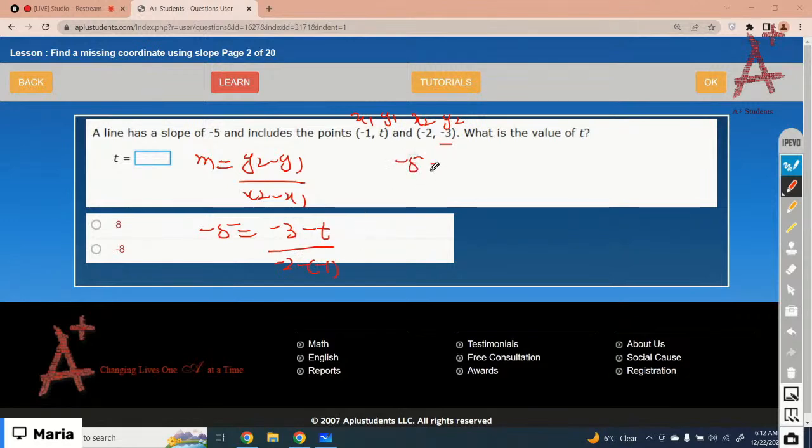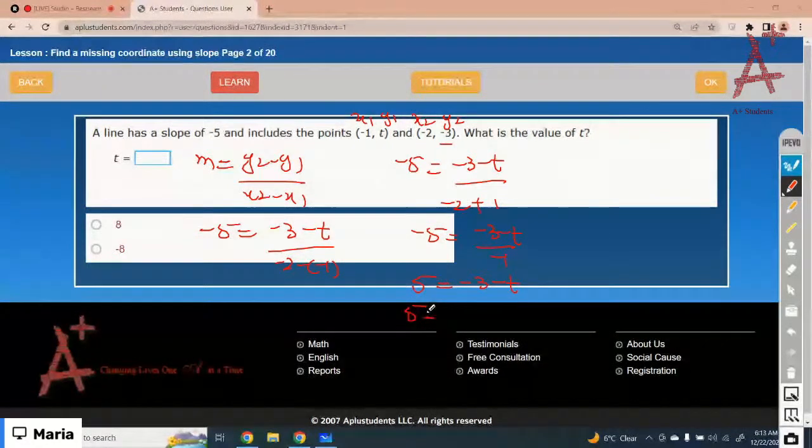It is negative 5 equals negative 3 minus t, and you have negative 2 plus 1. Got it? Negative 2 plus 1 equals negative 1. Just do cross multiplication. It would be negative 5 times negative 1 is 5 equals negative 3 minus t. Move negative 3 to the other side. It would be 5 plus 3 equals negative t. 5 plus 3 is 8. 8 equals negative t, and t equals negative 8.